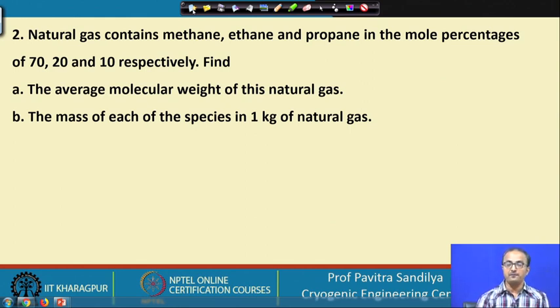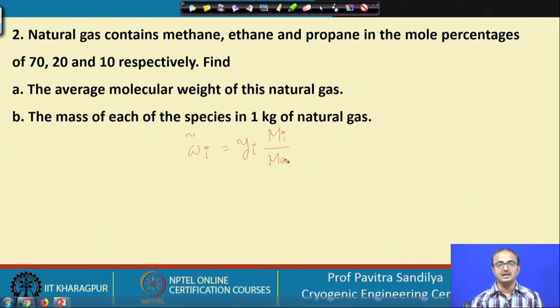So, we first need to convert the mole fractions into mass fractions, and for that you can go back to the earlier definition of the interconversion of mass and mole fraction, where we have omega i equal to yi Mi by Ma.